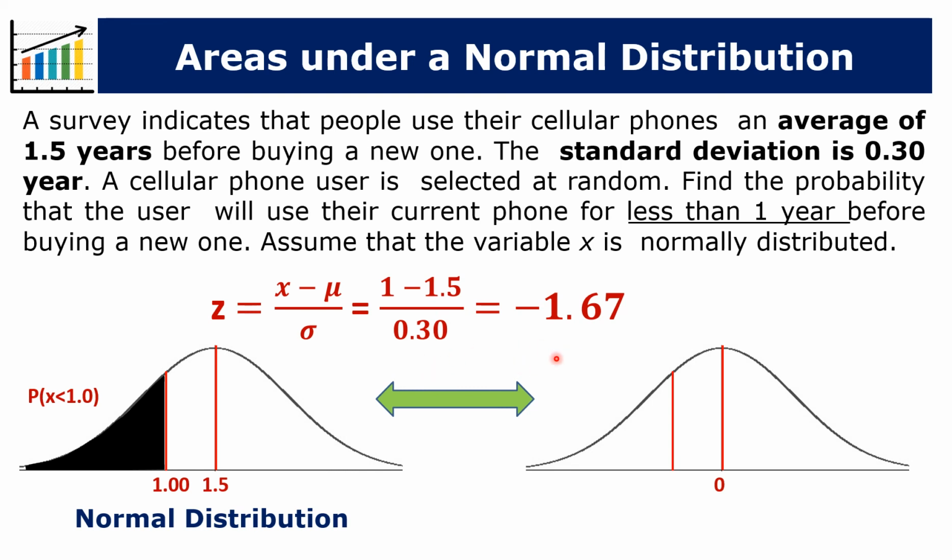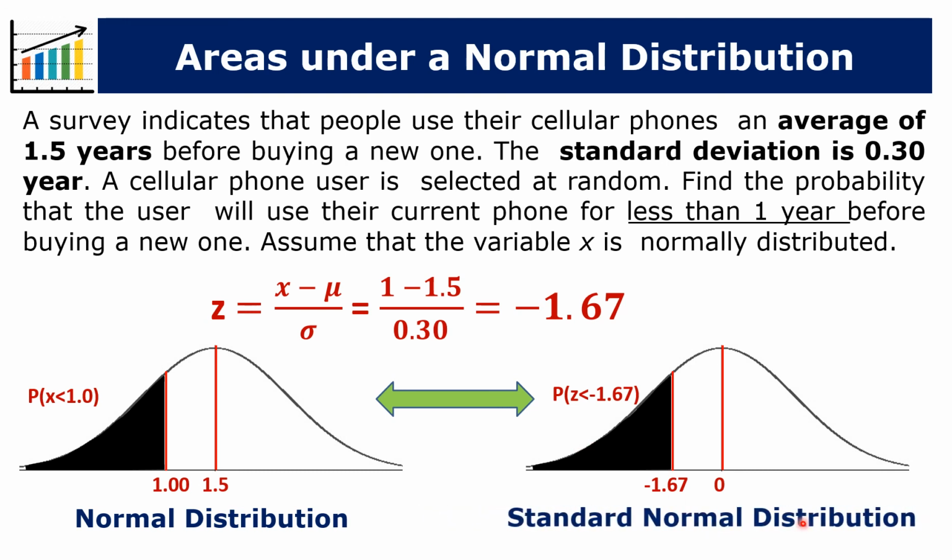And we can get negative 1.67. So, ibig sabihin, yung 1.0, ang equivalent niyan in z-score is negative 1.67. Again, we are looking for the area that is located at the left side of negative 1.67. So, in symbol, we have P of z is less than negative 1.67.